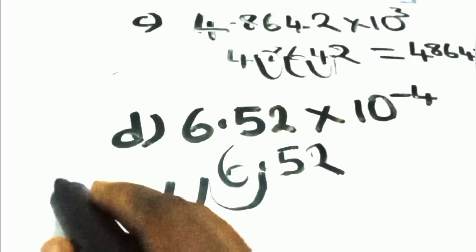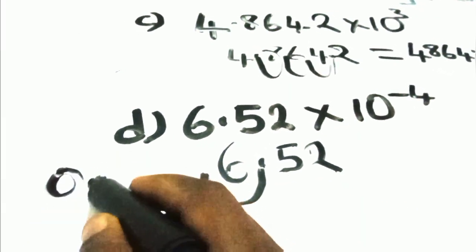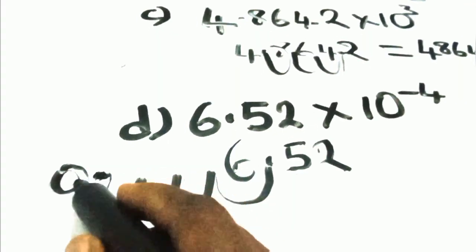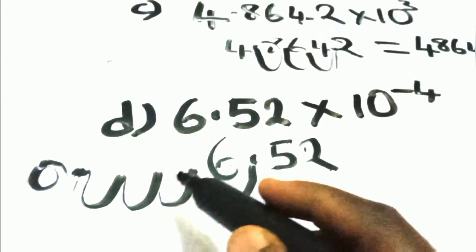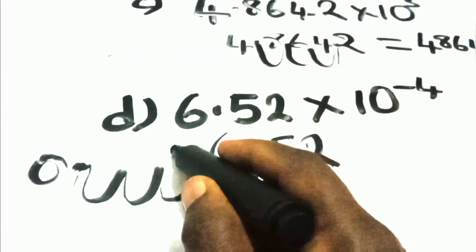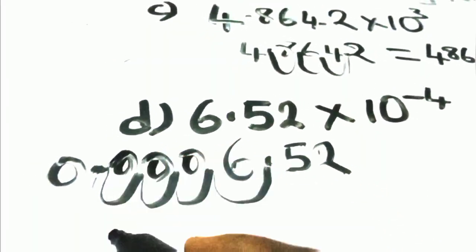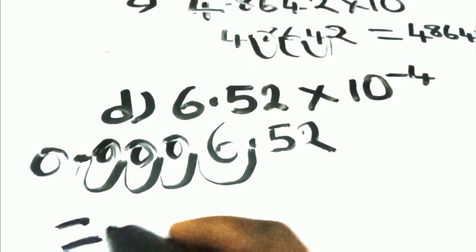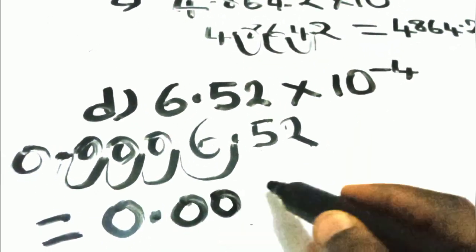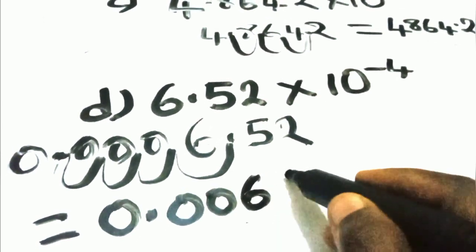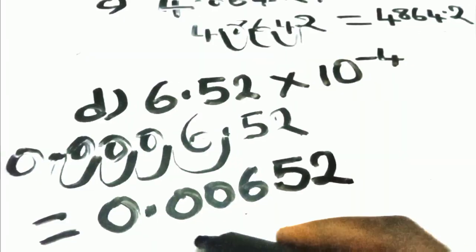And I'm going to add 0. Once I'm moving to the back, I'll put my 0 because this is where the point is. And remember, these empty spaces have to be filled with 0. So our final answer is 0.00652.